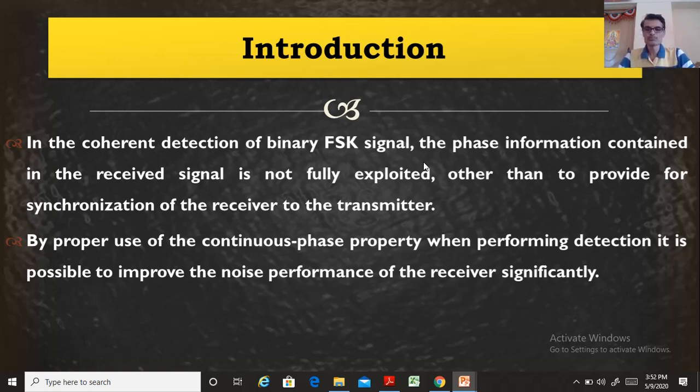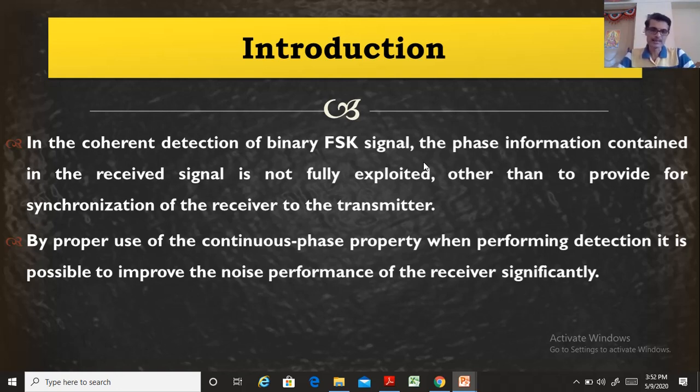the FSK. My intention here is to tell you that if I switch between the frequencies as well as change the phase continuously, the two pieces of information, the phase and the frequency, are both varied continuously.